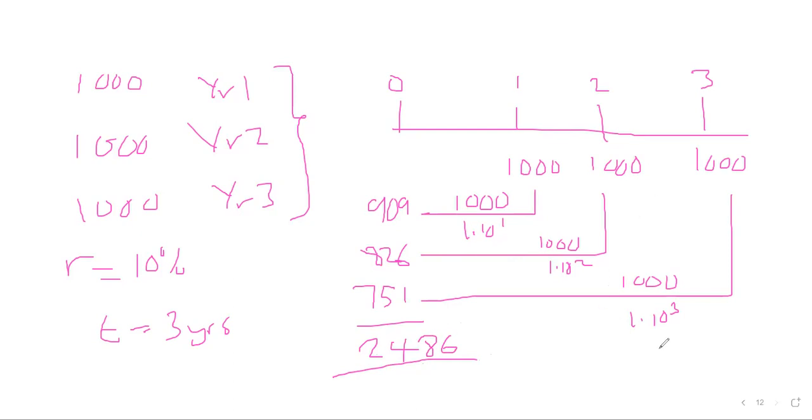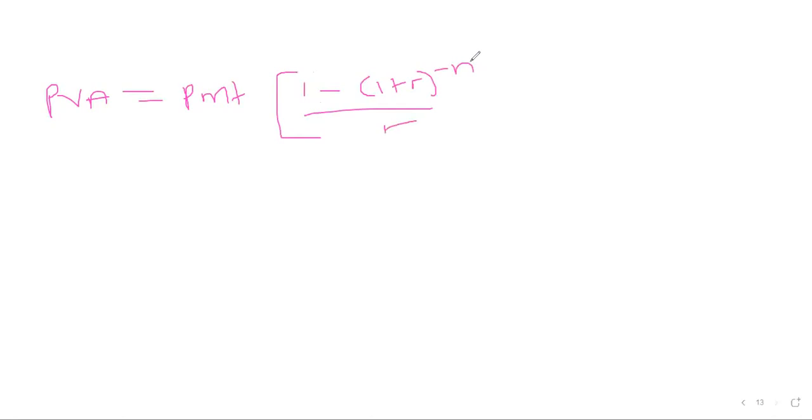So this is using the number line. Using the formula, we have what we call present value annuity. It is simply the periodic payment, and then here we have 1 minus, you need to take note of the formulas, 1 plus R to the power negative N, over R. For the future, who remembers the formula for the future value annuity?